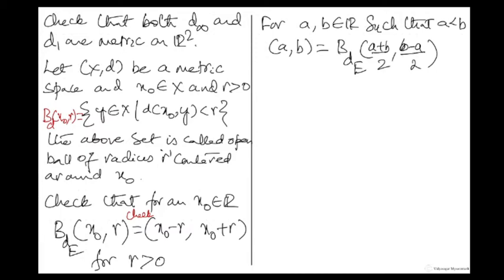You can check this again. Check. This is a very simple elementary check, so I will not go into detail of all of that. Again, you might have already seen these things in your real analysis course.